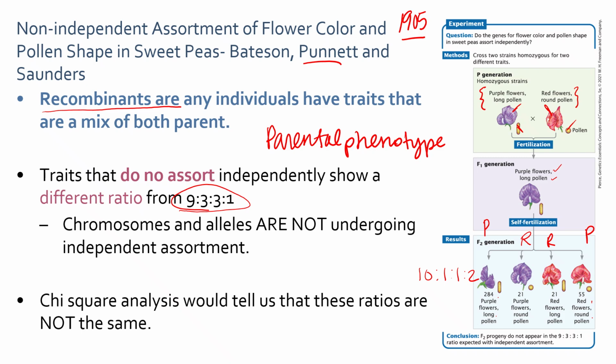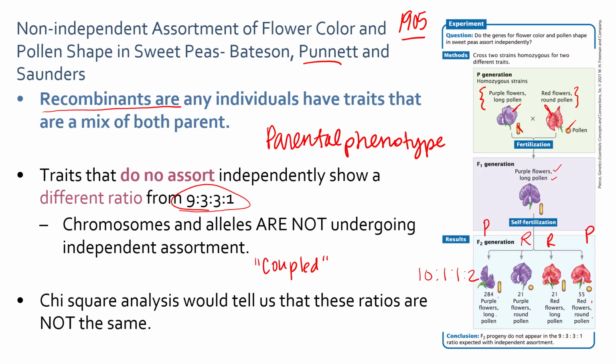So they proposed that these traits were coupled. Now we would call this linked now, but coupled means going together. And they didn't have an explanation for this because, remember, we haven't seen Thomas Hunt Morgan's work yet. We don't know about genes being on specific chromosomes, so they didn't have a mechanism for this.